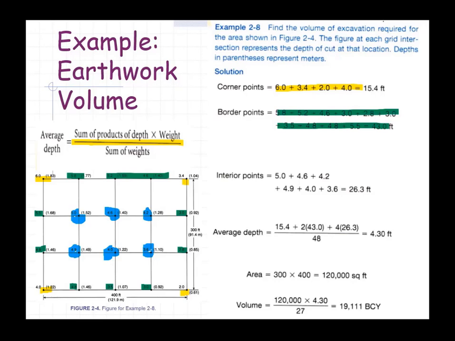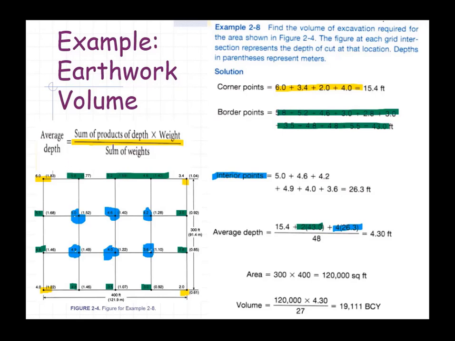And that average depth uses the sum of the corner points times a weighting factor of 1 plus the sum of the border points, those are in green here, multiplied by a weighting factor of 2, and then the sum of the interior points, that's in blue here, multiplied by a weighting factor of 4.